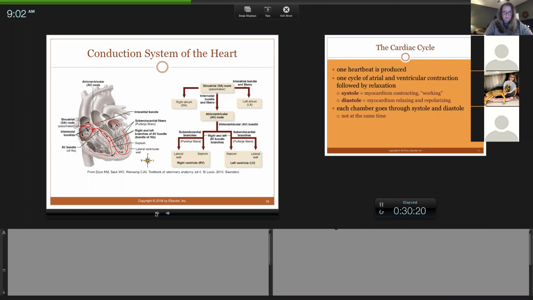If your heart is not beating, you are dead. If your dog's heart is not beating, it is dead. I don't care what the ECG looks like. If you cannot hear a heartbeat, there is no blood going anywhere. That is called death. I'm sorry, I'm being frank and blunt.